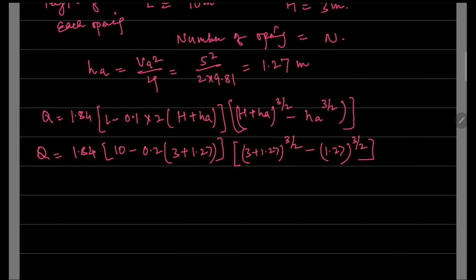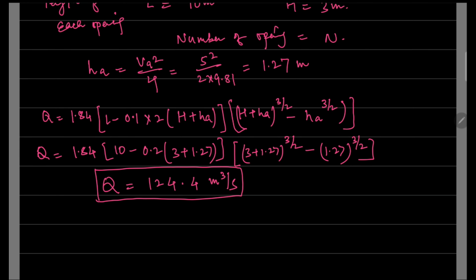If we solve this, the answer comes out to be Q equal to 124.4 meter cube per second. That is the discharge we are getting from each opening considering the velocity of approach.